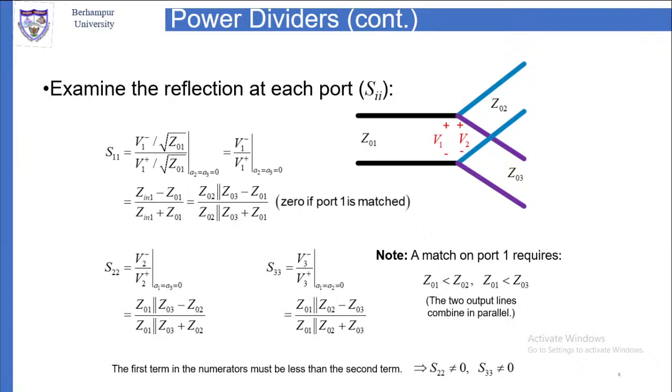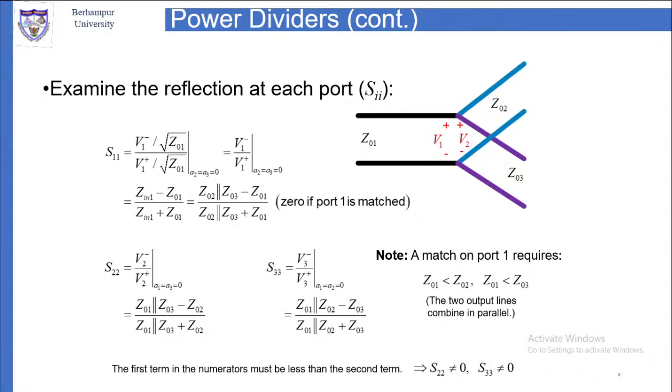Similarly, S33 is equal to V3 minus divided by V3 plus at A1 and A2 equal to 0. That is Z01 parallel Z02 minus Z03 divided by Z01 parallel Z02 plus Z03.